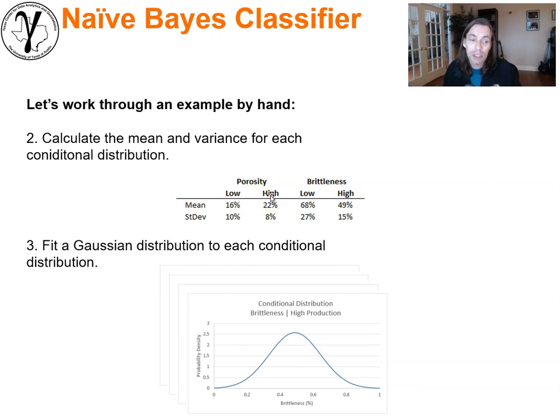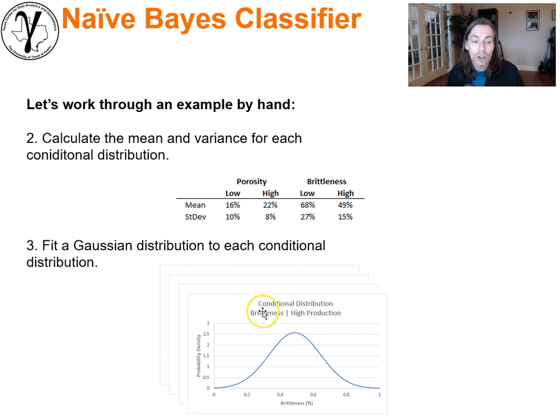And if I assume a Gaussian distribution, those two parameters are it, and I get the distribution for porosity given low and high production. Then I do the same thing for brittleness, my other predictor feature, and now I'll be able to assess. So really what I have now is 4 distributions.